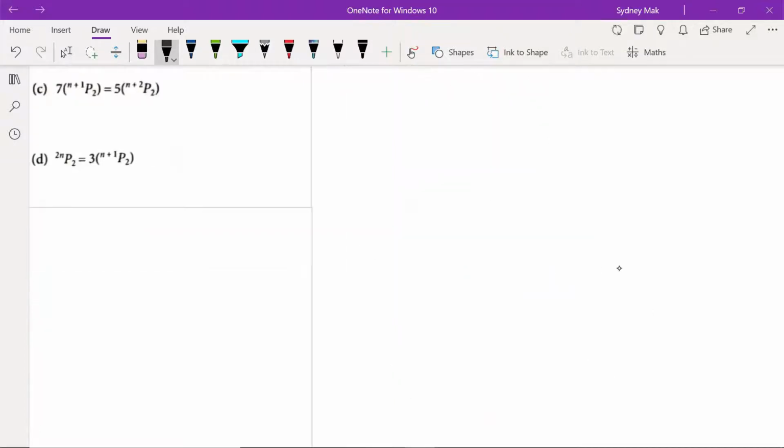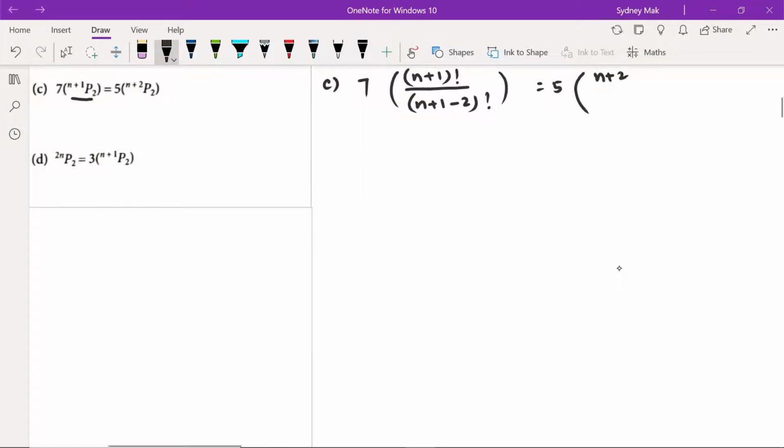Next, part C, we expand using the formula. So we have 7, and therefore n plus 1 factorial over n plus 1 minus 2 factorial equals 5, n plus 2 factorial over n plus 2 minus 2 factorial.